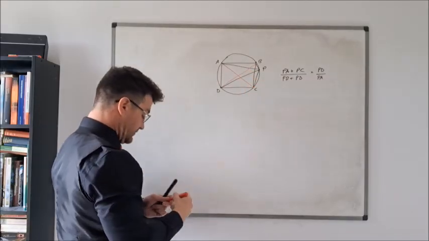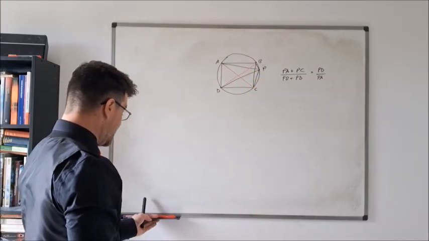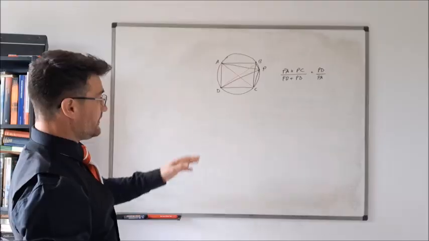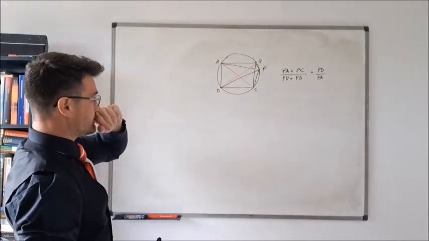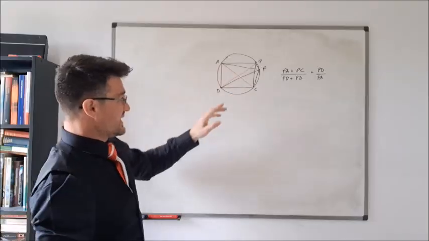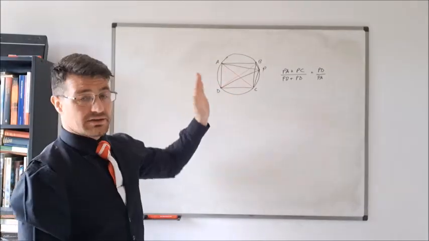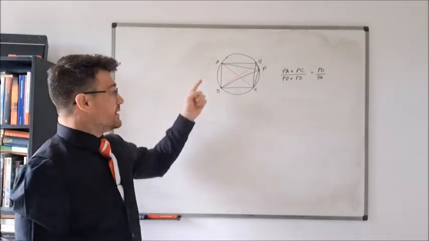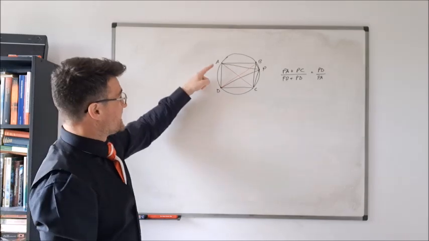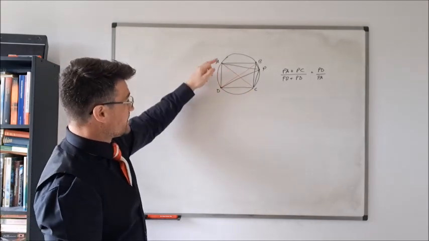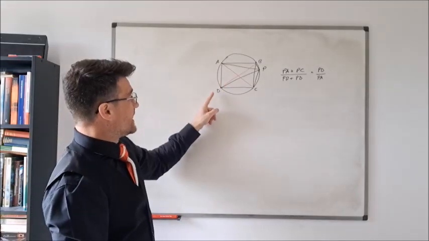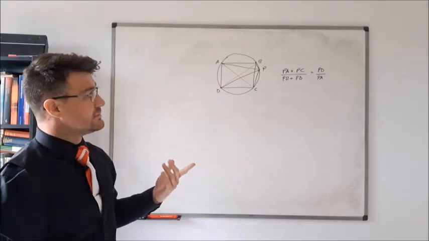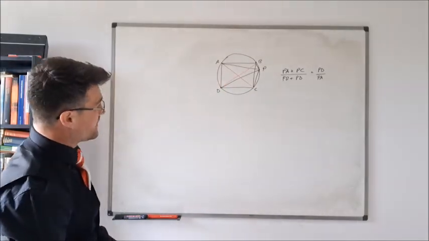Because ABCD is a square, these red lines that I've drawn, BD and AC, are going to be diameters of this circle, because the angles ABC and ADC are both right angles. Therefore AC and BD are diameters.